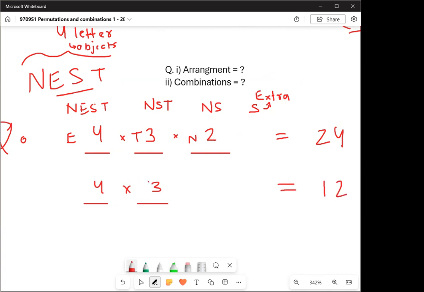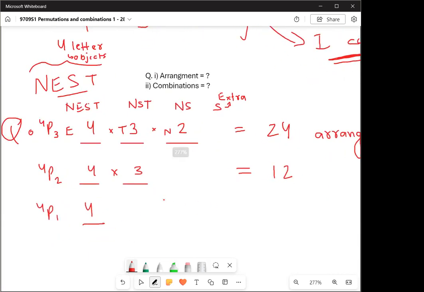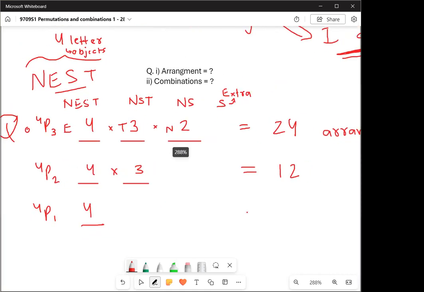Now this would be 4P3: from 4 objects, arrange 3 objects. From 4, arrange 2. From 4, arrange 1, which would be just 4 and nothing after that. This would be 4 only.